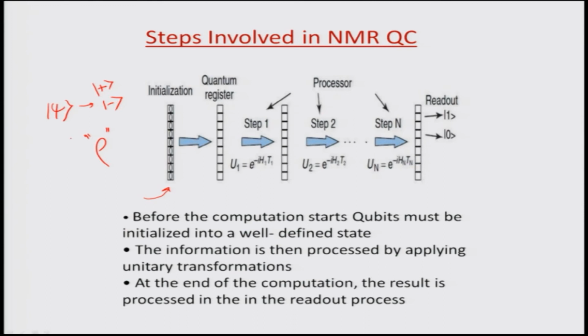But since we are looking at a system which is going to have an ensemble, because most of these NMR machines that we are discussing now are in terms of liquids which are being looked at.